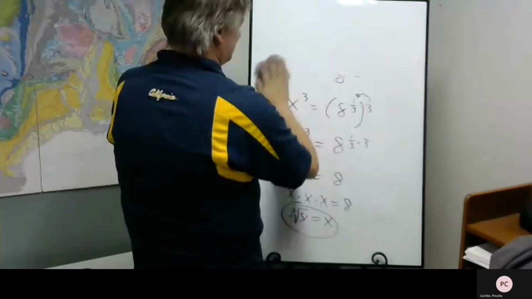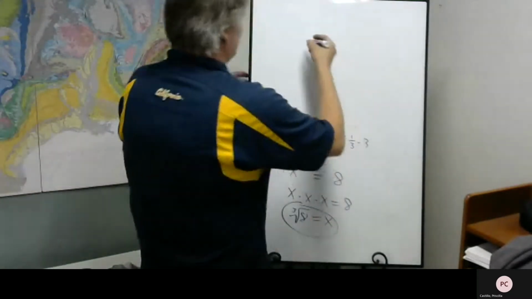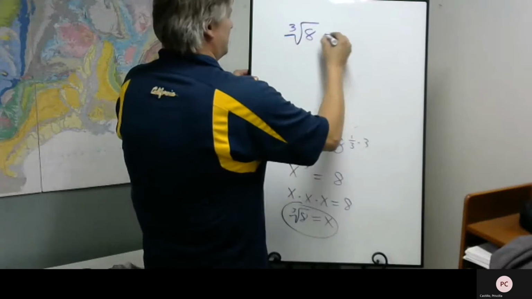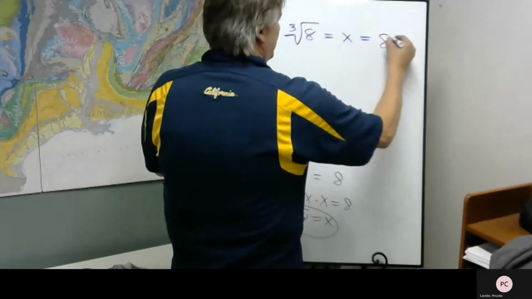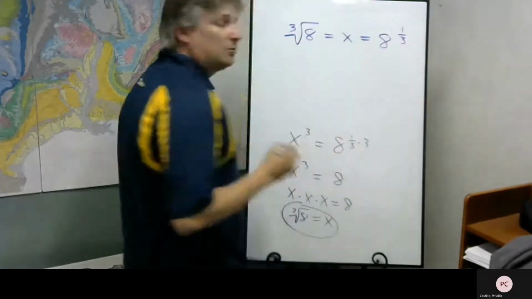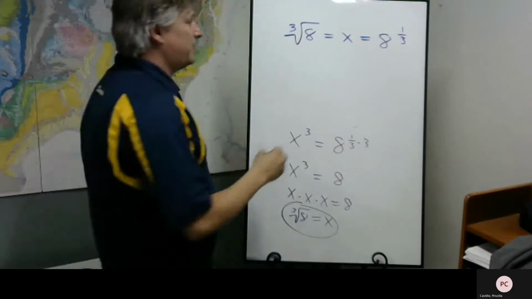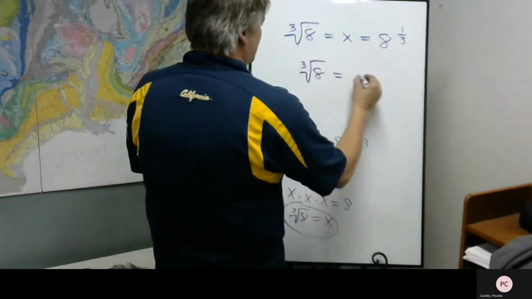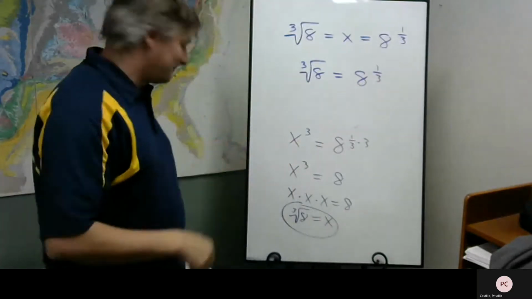Well, cube root of 8 is equal to x, but we said that x was equal to 8 to the 1/3. Put another way, the cube root of 8 is equal to 8 to the 1/3.